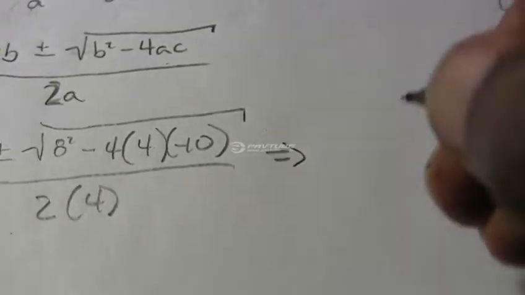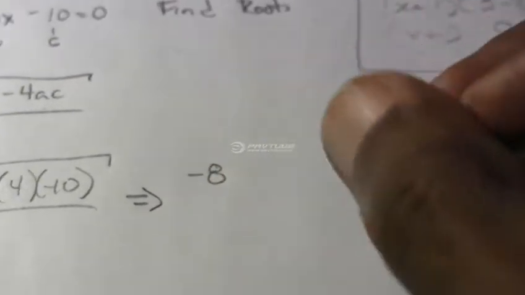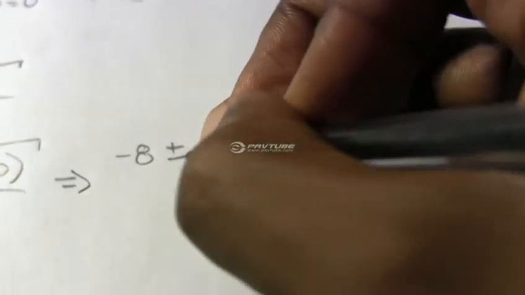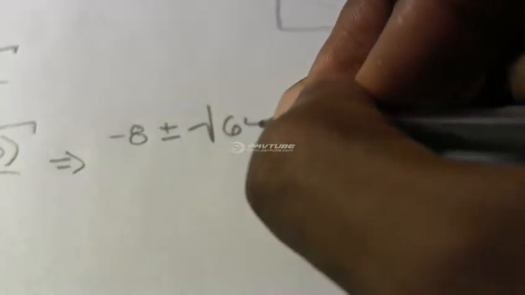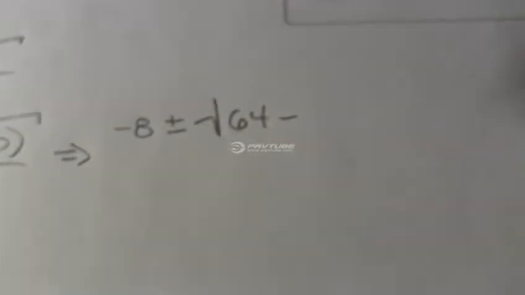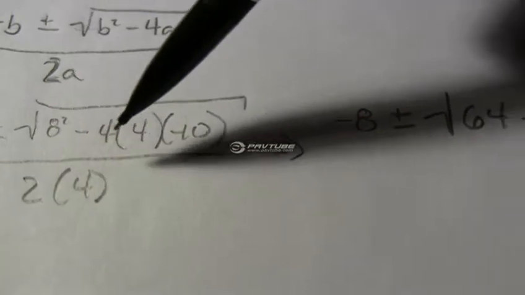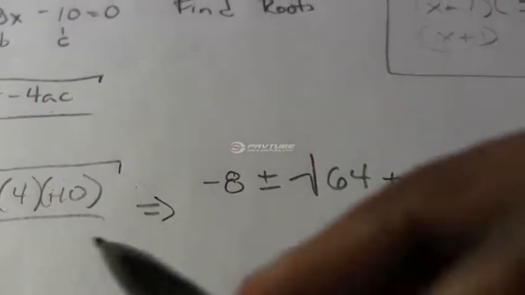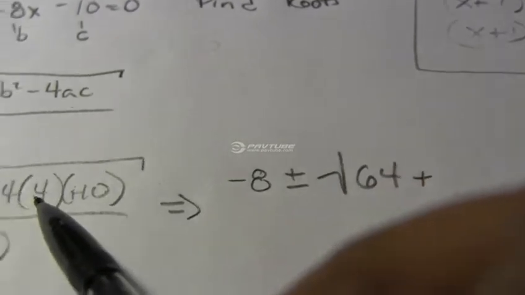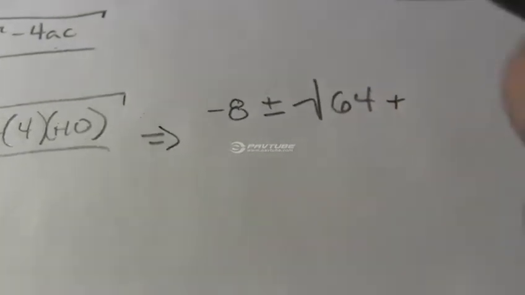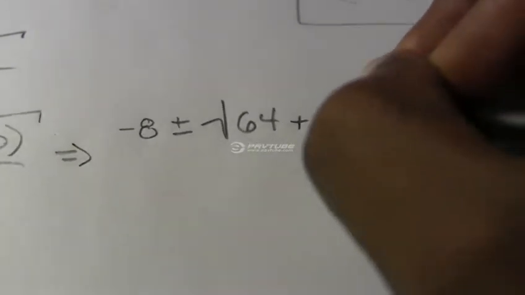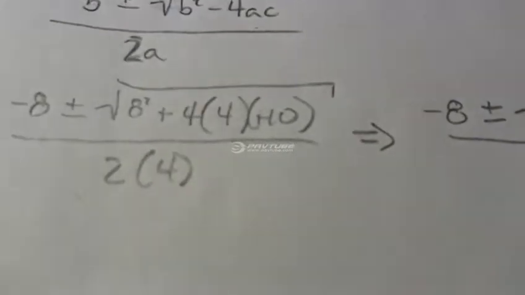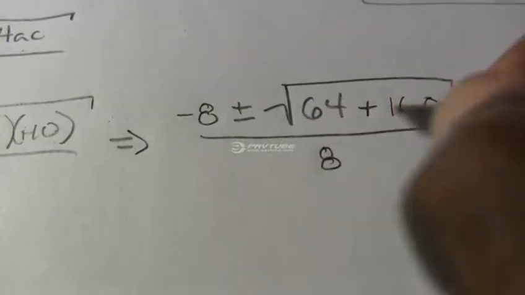Come this way, our negative 8 hasn't changed, plus or minus, so now our 8 squared is 64, minus, and because we've got a negative times a negative, we're just going to make that a positive. So we've got 64 plus 4 times 4, 16, times 10 is 160. All that's underneath the square root. And then 2 times 4 is 8.